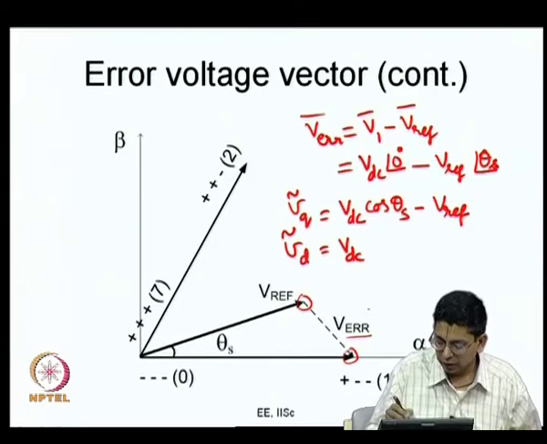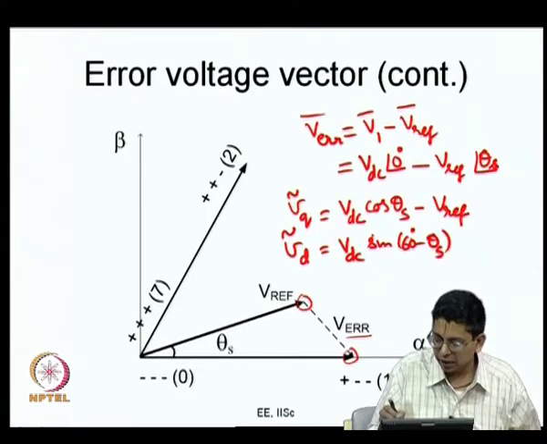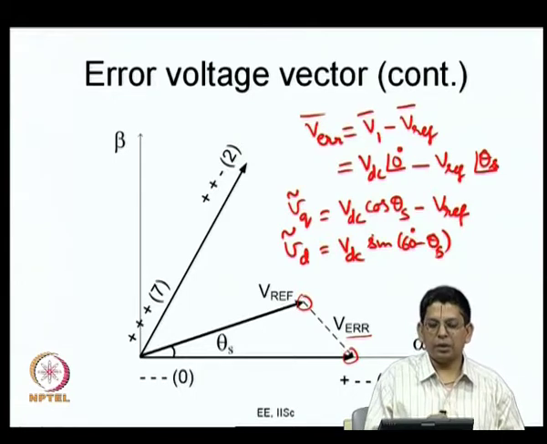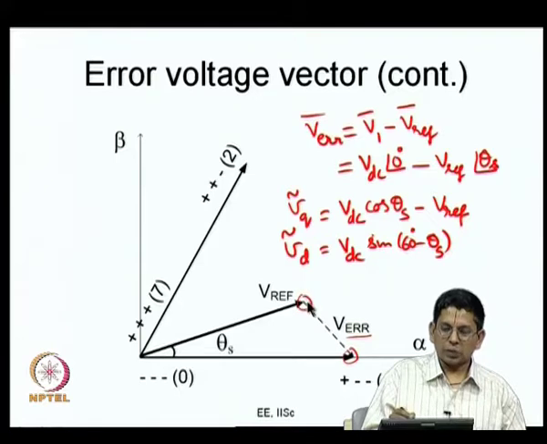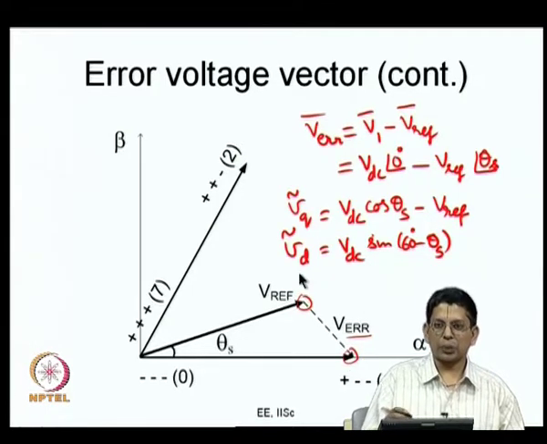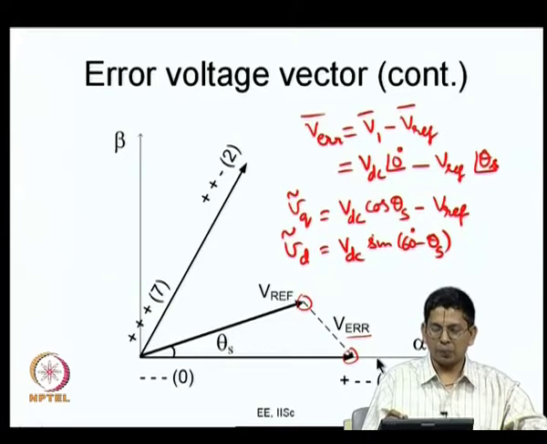VDC instead of cos, it is going to be sine of 60 degree minus theta s, that is going to be your VD tilde, right. So, these are the error voltage vectors when your reference vector is what it is as shown here and the applied voltage vector is 1. This is the error voltage vector. The components of the error voltage vectors along the q axis and d axis are as indicated below.